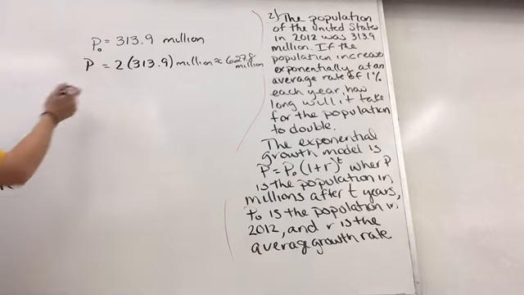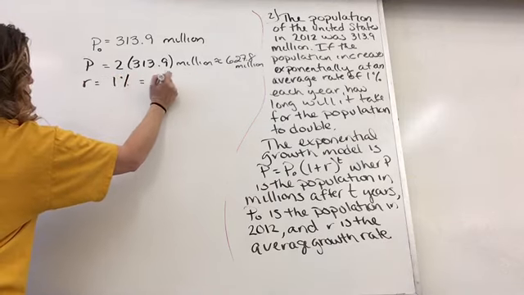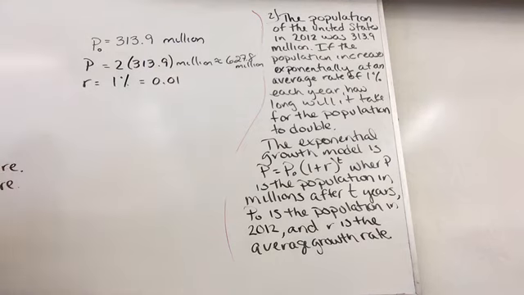And then we want our interest rate. Our rate is 1%, which is 0.01. Because remember, we want T. We want to figure out what T is.